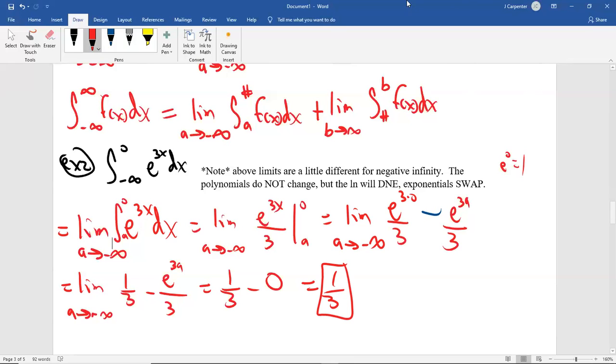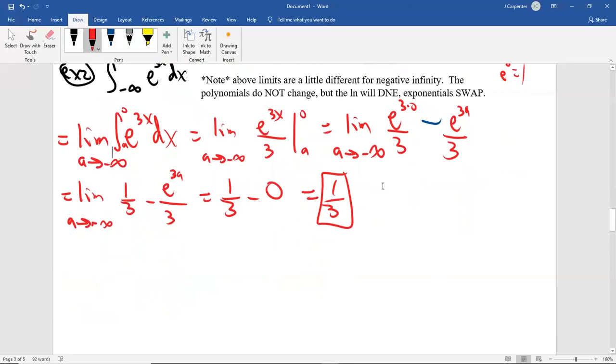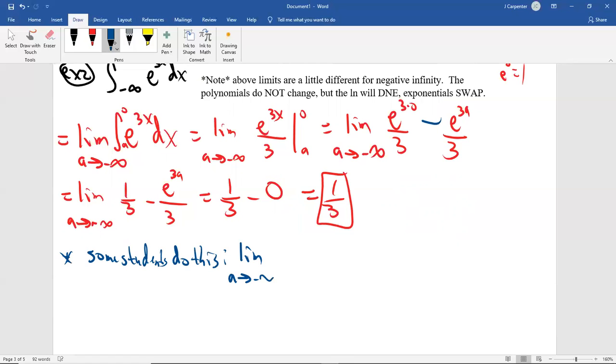If that confuses you, what you can do is just swap the sign of the a. Instead of having the negative here, just give it with your a. So some students do this. They go limit as a goes to negative infinity of 1/3 minus e to the 3a over 3.